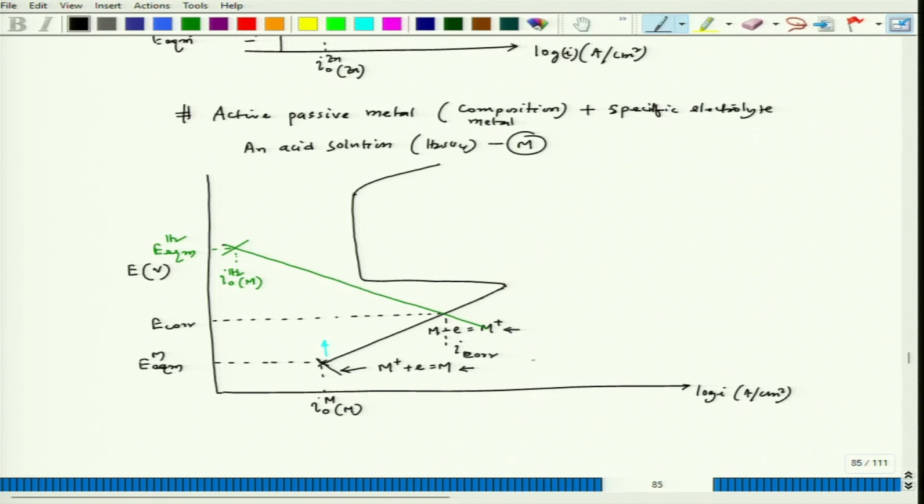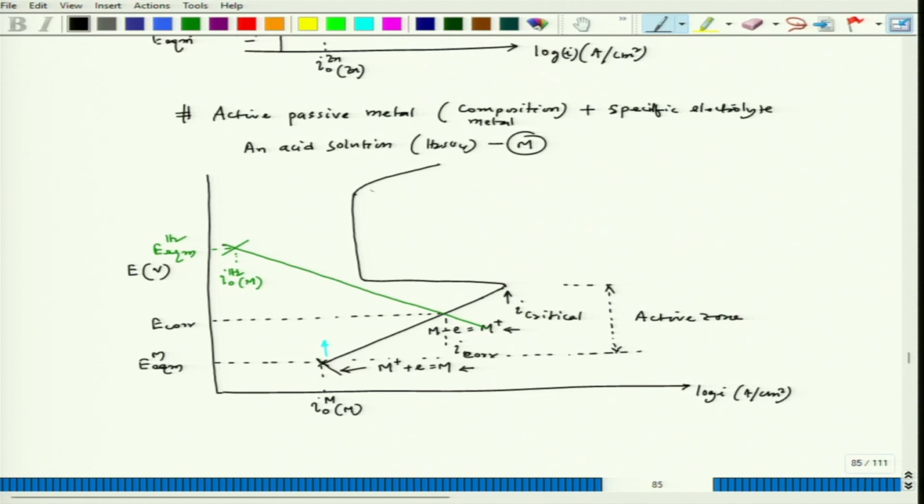And as we know that active zone is, so this is my I critical, and from I critical to the E equilibrium, this potential range is active zone.